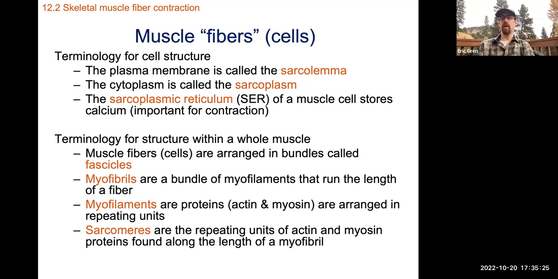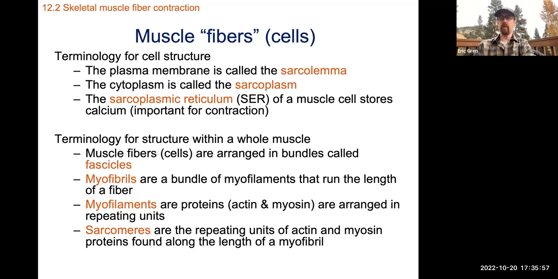So we said that if you're talking about a muscle cell, the name for the cell membrane, that plasma membrane, is actually sarcolemma, okay? And then just like other cells in the body, muscle cells have cytoplasm inside of them, but the cytoplasm in this case is called sarcoplasm. So if you see these terms, sarcolemma, sarcoplasm, just remember that those are referring to the cell membrane and the cytoplasm of the cell.